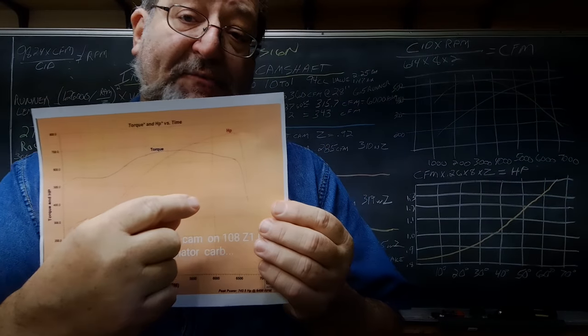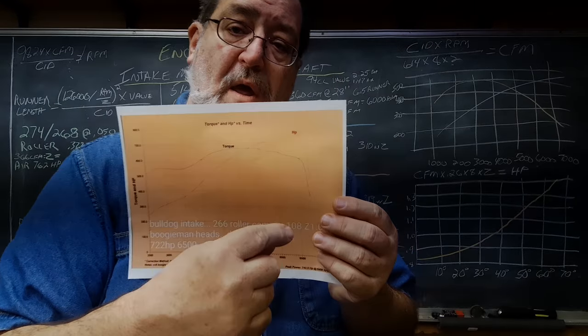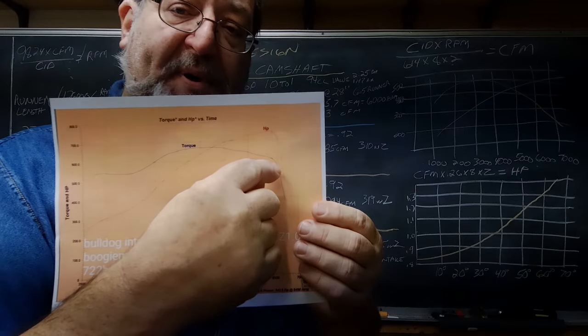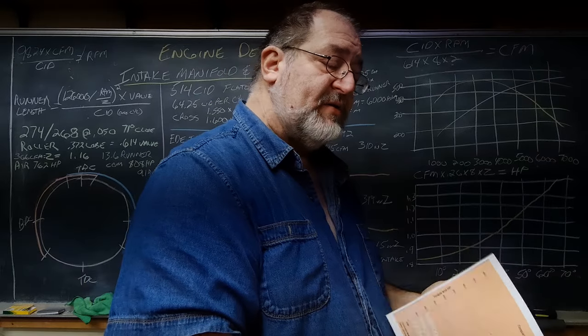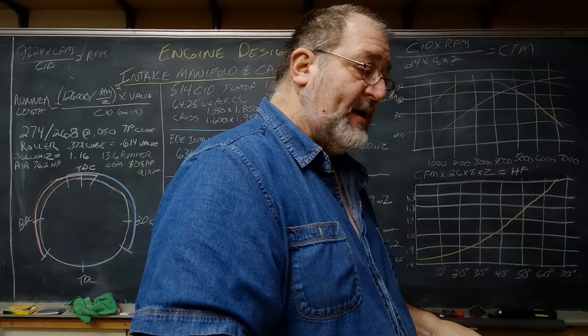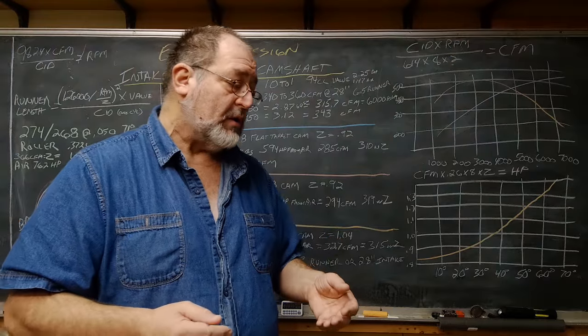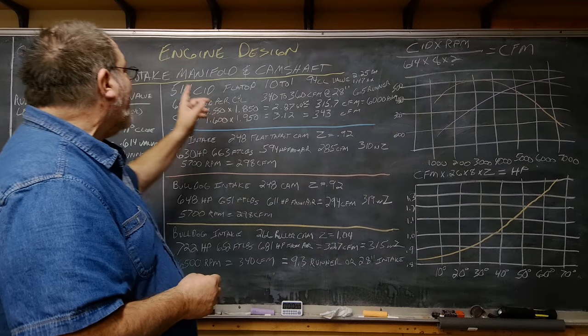The smaller camshaft had it and made it flat across the top. This one did not. This one just came up and peaked, and we lost horsepower down here. And that's because it's really designed to work at a higher RPM. That's where that intake is tuned for. With that runner and this size motor, it's really tuned to that 6,500 RPM.